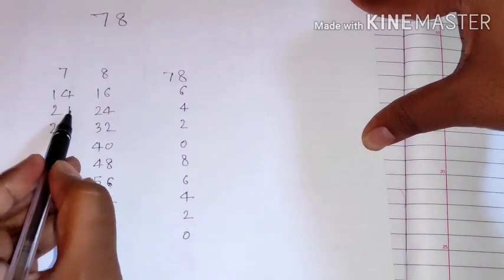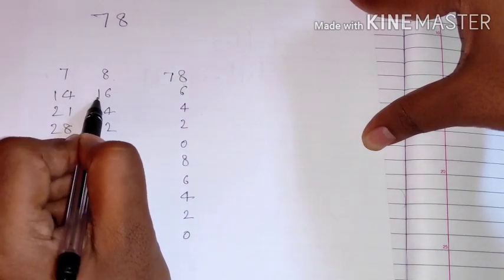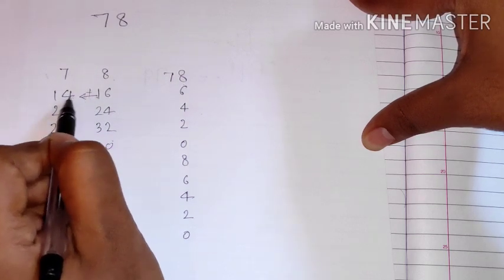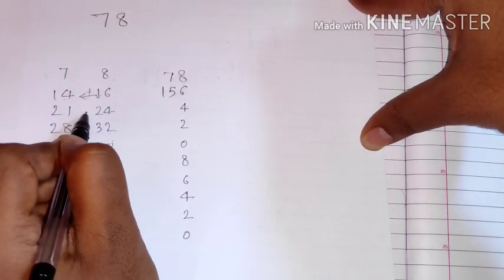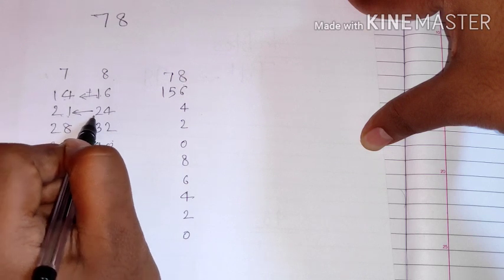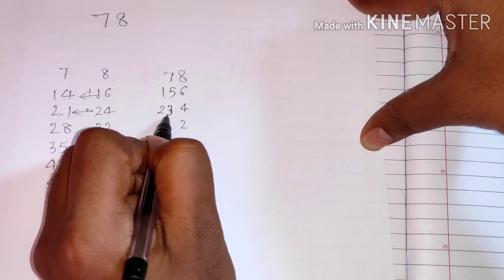Okay, now the remaining part you know what to do. Once we have copied all this, now we'll see the second place or tens place. This one I am going to add in 14, that's 14 plus 1, 15. So I am writing here. Then this 2 will go and we'll add with 21. So 21 plus 2, 23.